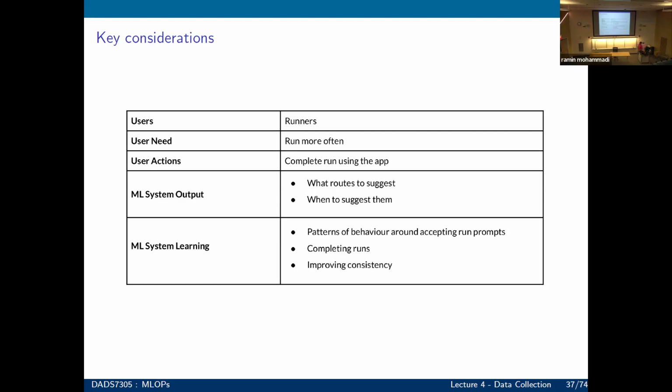Now, the ML system output is the part we want to decide. What is going to be the output of my model? It's going to be which route to suggest, and when to suggest it. So let's say this is the idea. I'm going to suggest the user run, but also from their previous history, I know when they ran before, when they were completing it, when they enjoyed it, and so on.